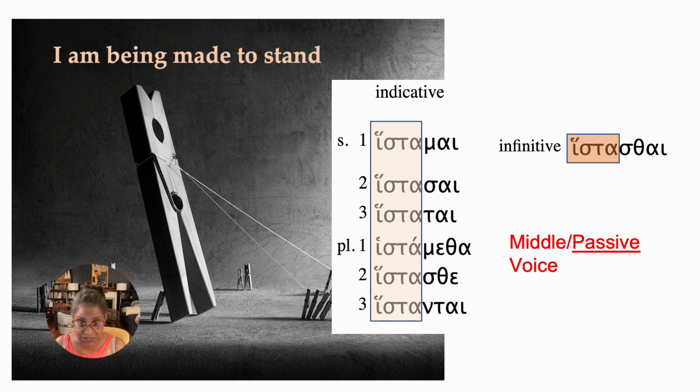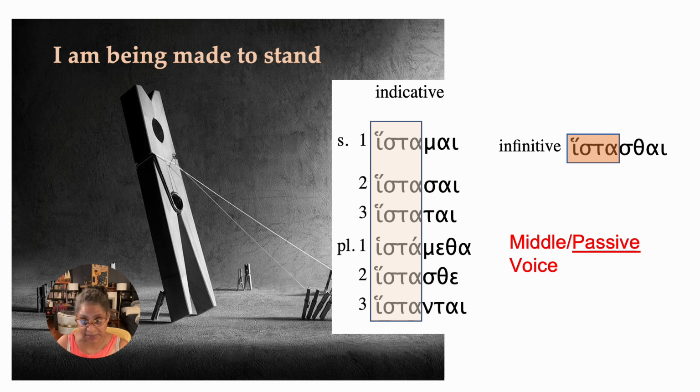Now, the same action. So now we're going to think about it in terms of the middle passive voice. So the action is not changed. It's now the kind of perspective we're looking at. So now we're in the middle passive, and I underlined passive to mean that the passive meaning is being emphasized here. So I am being made to stand, right? So histamai, I'm being made to stand by somebody else, by the teacher, by the police, whatever.